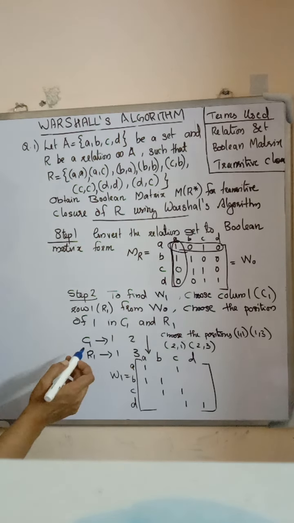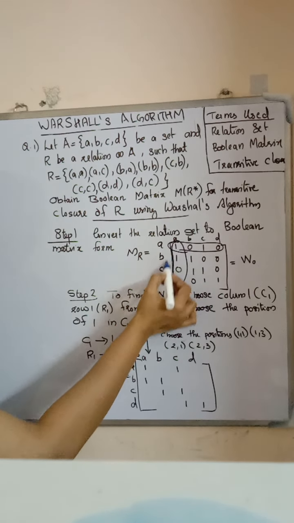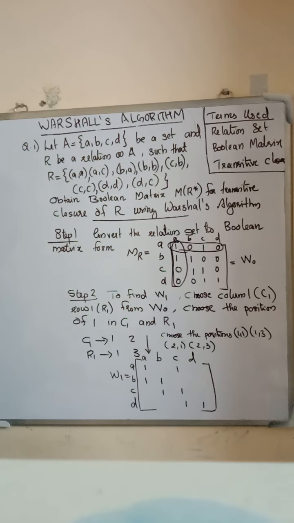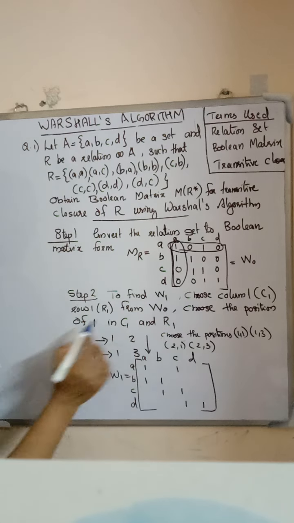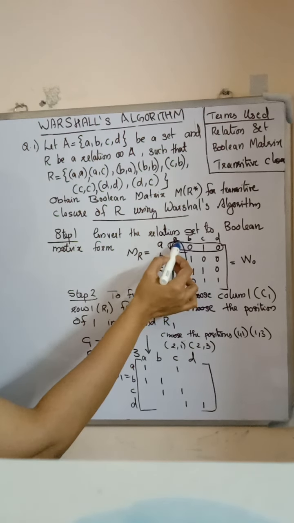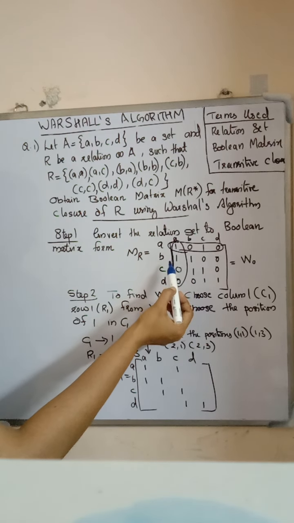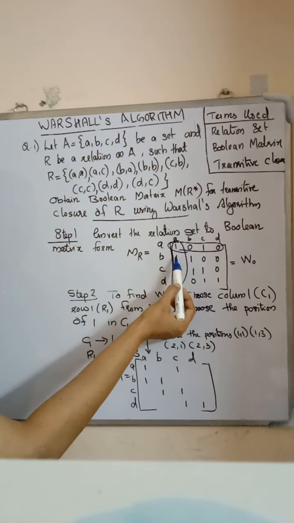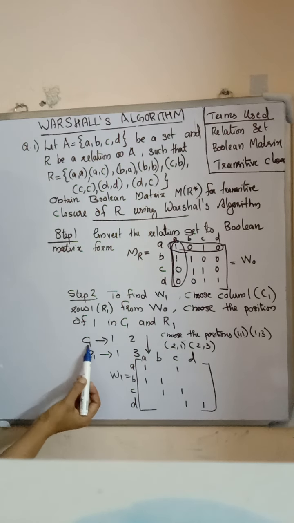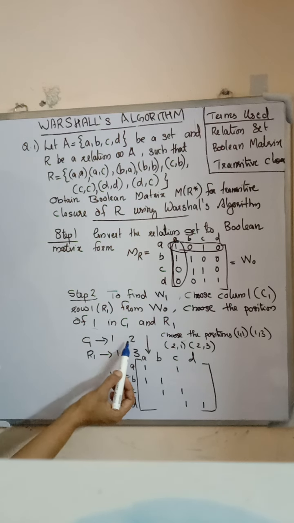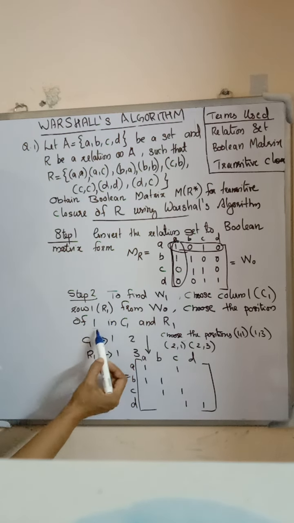In column 1, choose the positions of 1. In column 1, in the first position and also in the second position we have 1. So in column 1, position 1, we get a number 1, and in position 2 also we get a number 1.